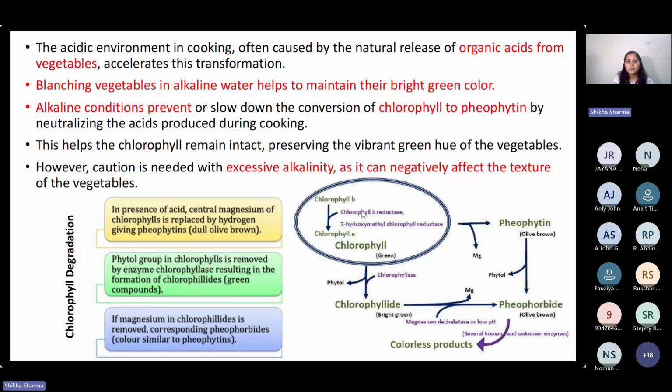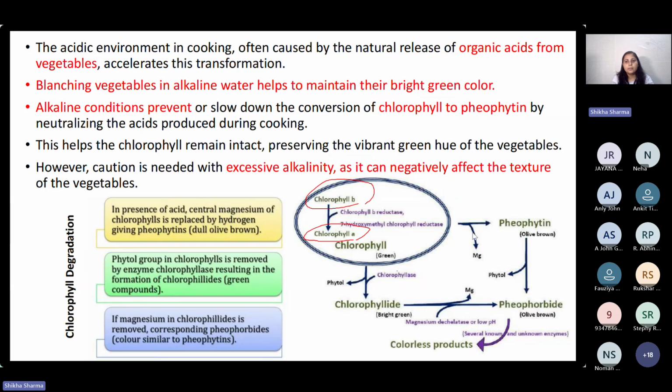If we see this reaction, chlorophyll B is converted into chlorophyll A, which is green in color. Both are green. Whether we have chlorophyll B or chlorophyll A in fruits and vegetables, both are green in color. Chlorophyll B will convert into chlorophyll A with the help of reductase enzyme, and it will still be green.